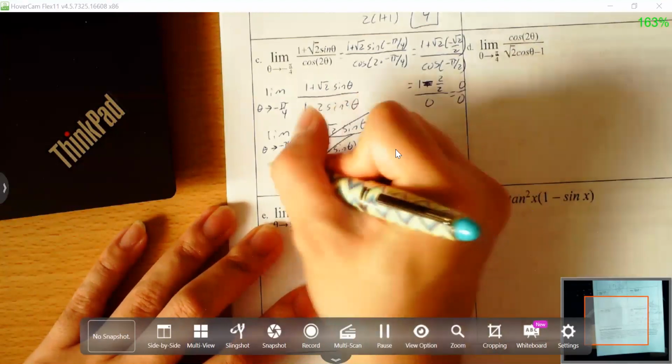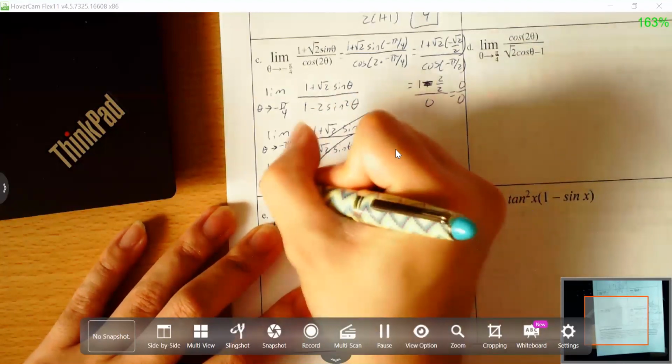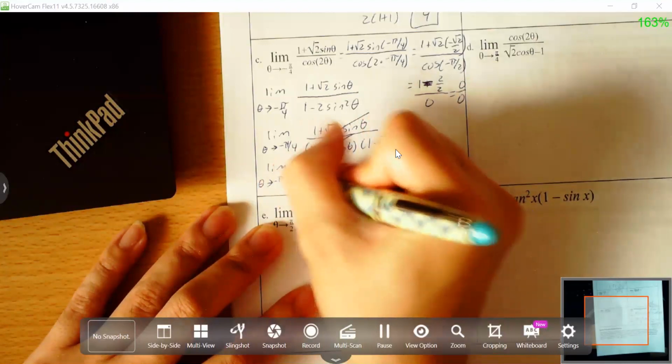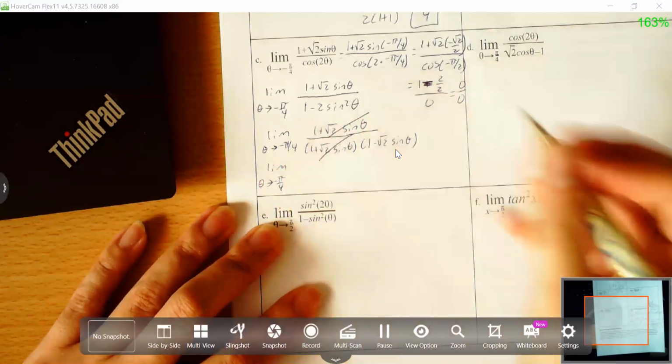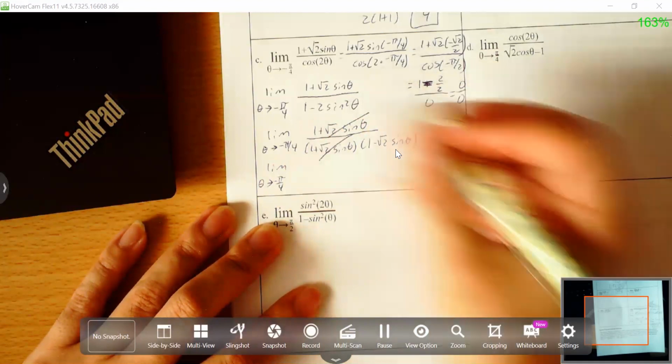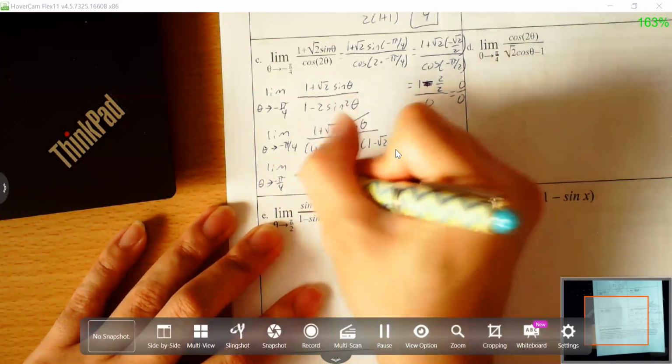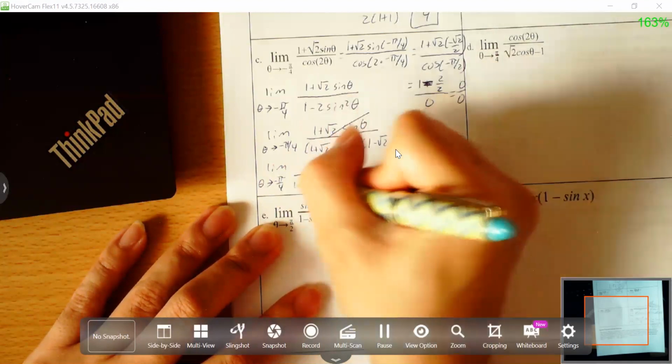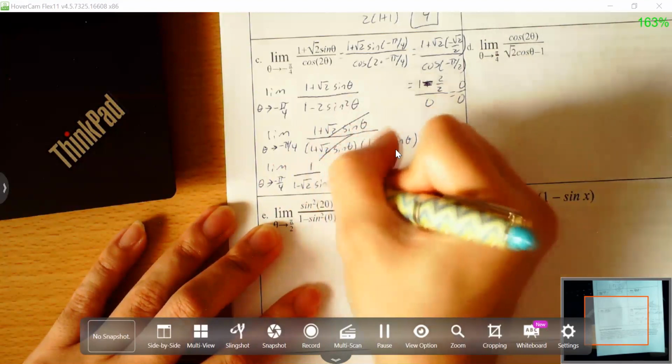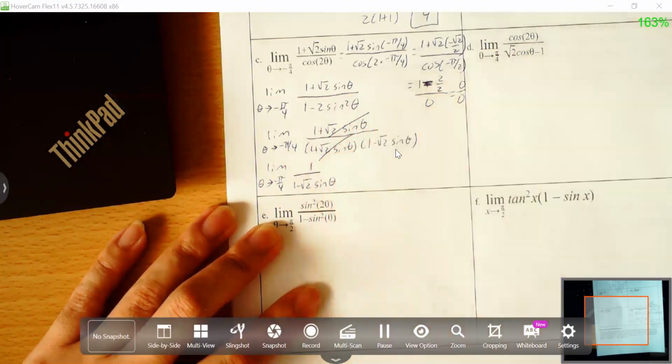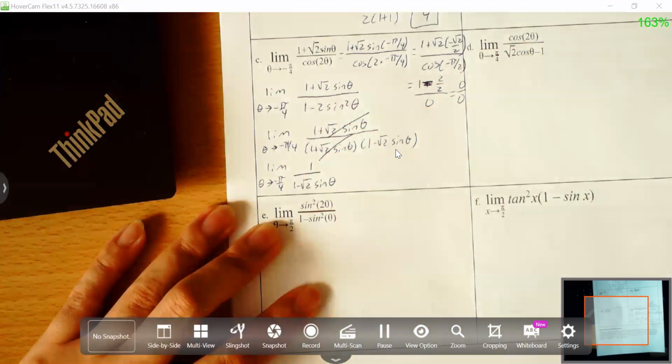So this is the limit as theta approaches negative pi over 4 of 1 over 1 minus root 2 sine theta. And now you just plug negative pi over 4 in.